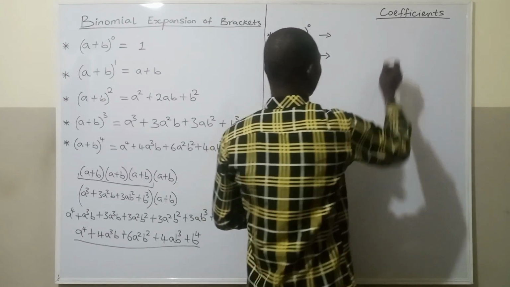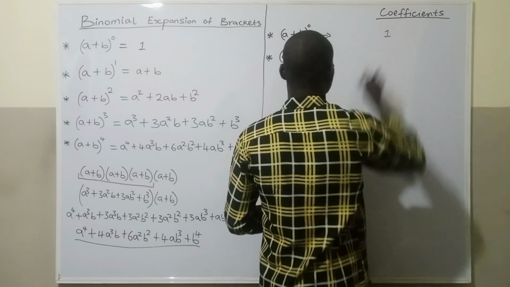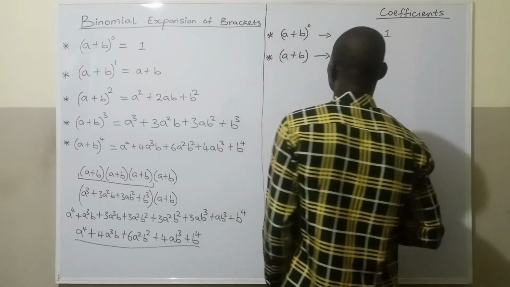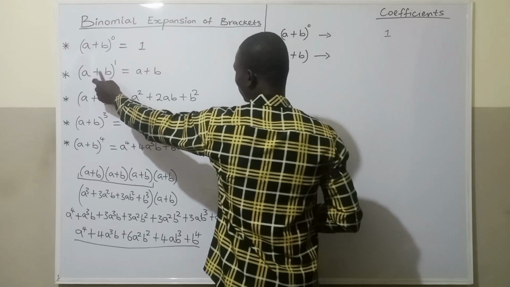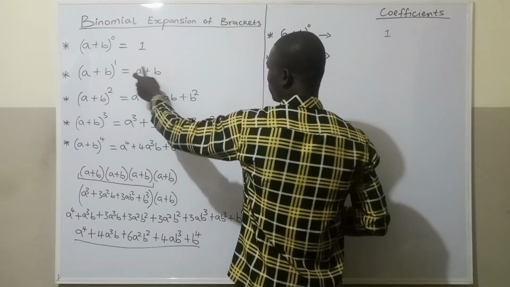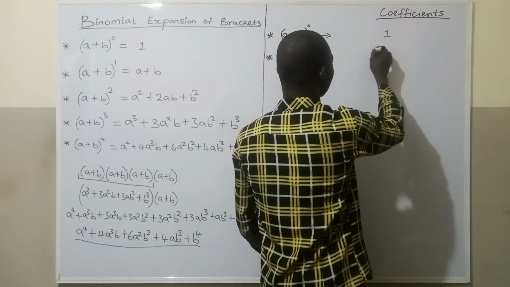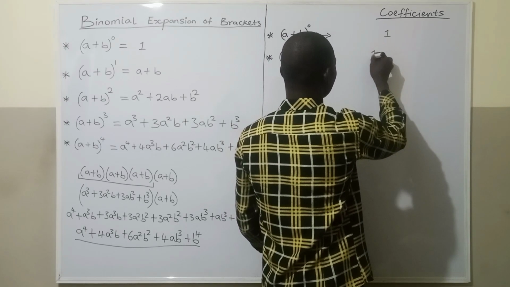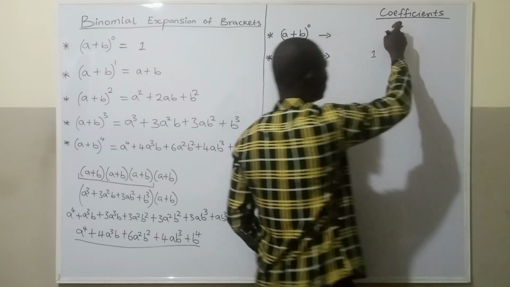It's going to stand as 1 on its own. The next one now is the coefficient of the second expansion, A and B. Coefficient there is 1, and 1 also. So I'll be having them like this: 1, 1. This is single 1.